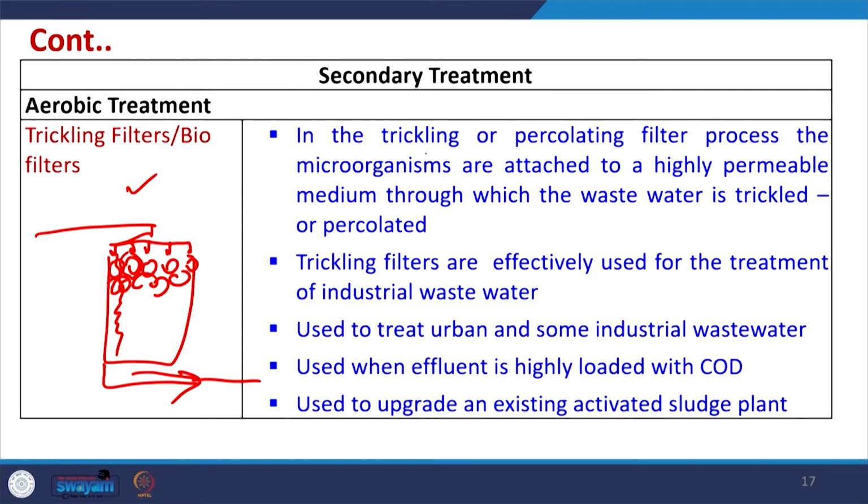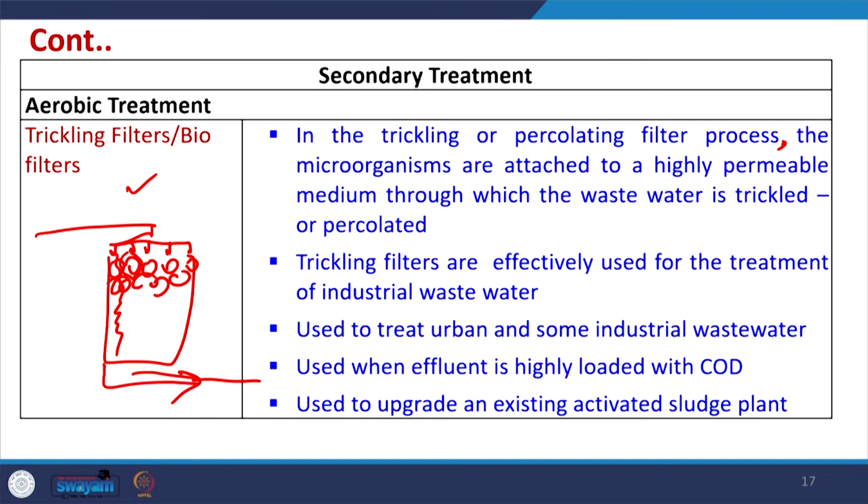In the trickling filter or percolating filter process, the microorganisms are attached to a highly permeable medium through which the wastewater is trickled or percolated. These filters are effectively used for treatment of industrial wastewater.